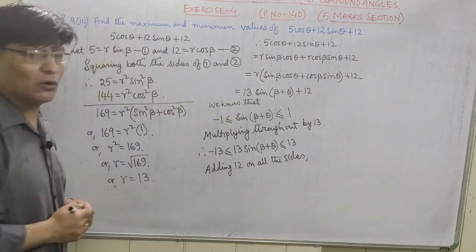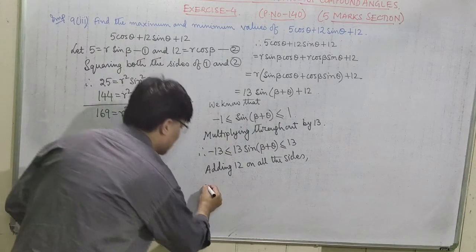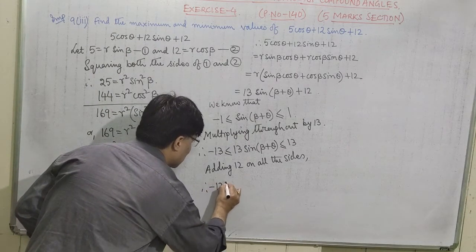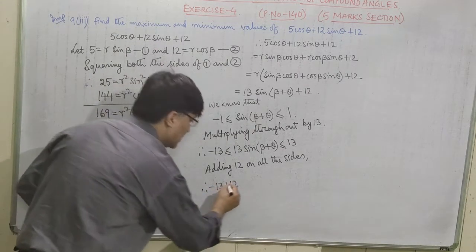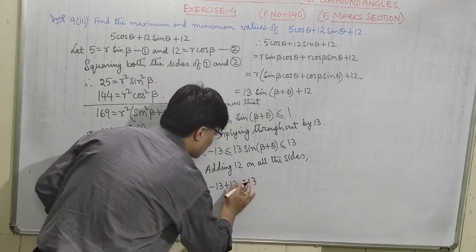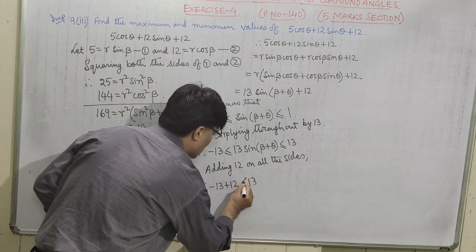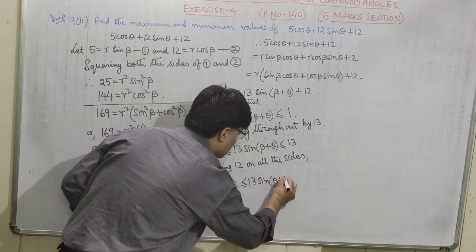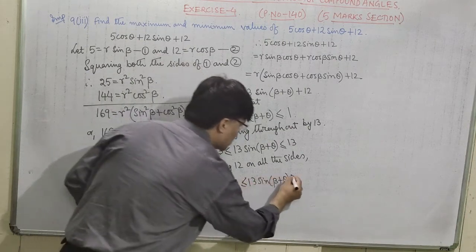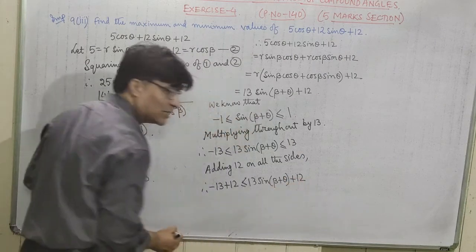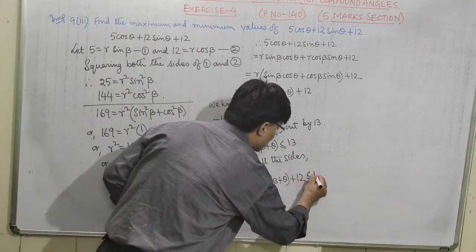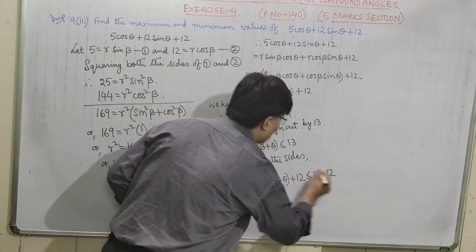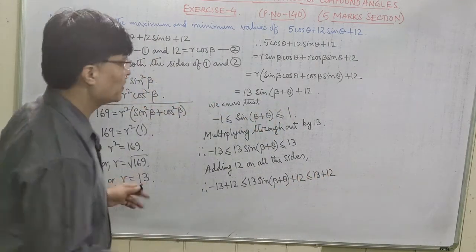So what do we get? Minus 13 plus 12, right? Less than or equal to 13 sine beta plus theta plus 12. We are adding 12 on all the sides. Less than or equal to 13 plus 12. Is that clear?